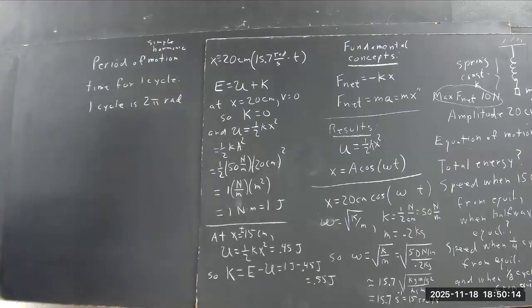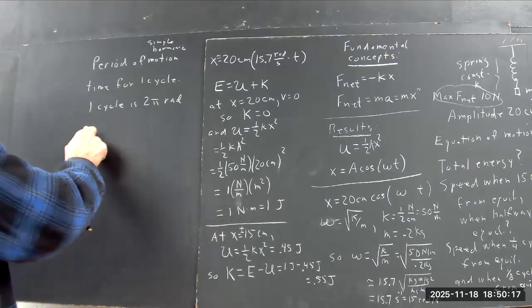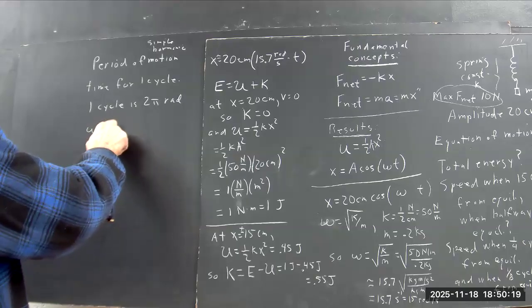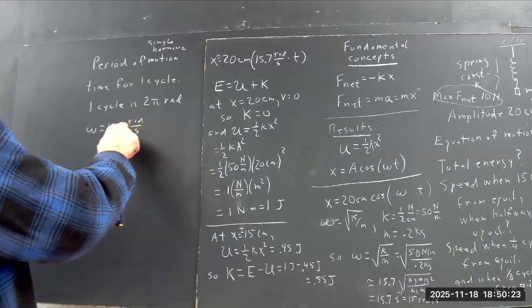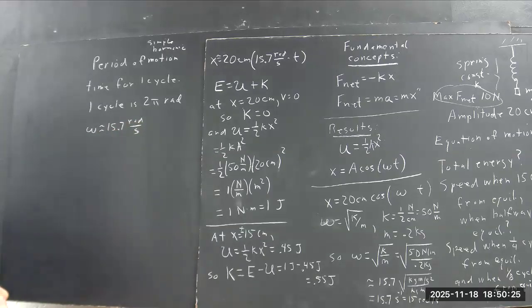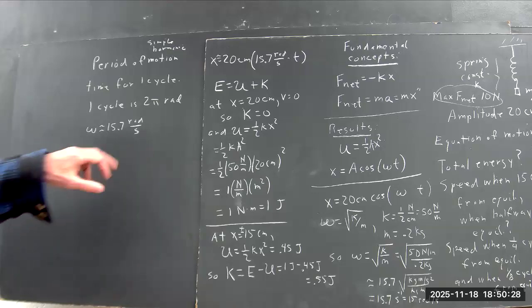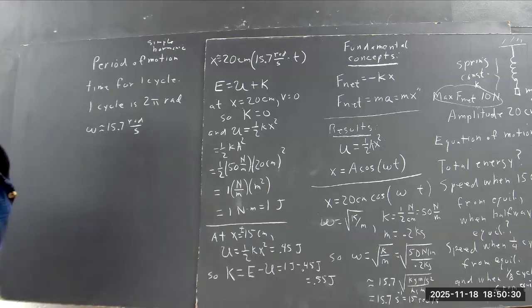One cycle is 2 pi radians. Omega is approximately 15, excuse me, 15.7 radians per second.